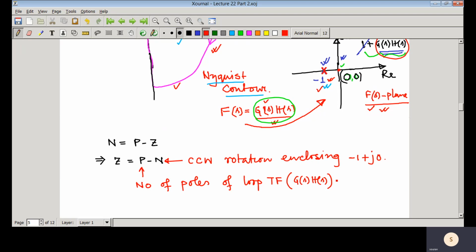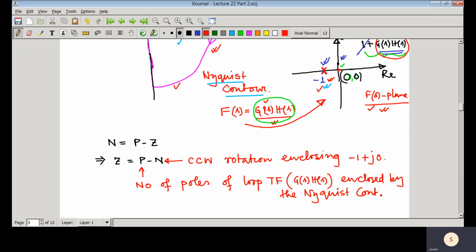So whenever a loop transfer function is given, from there we need to see how many poles are in the closed right half of the S plane, that is, enclosed by the Nyquist contour.